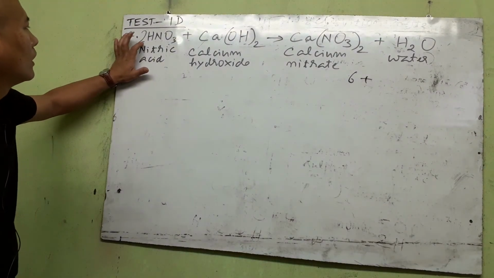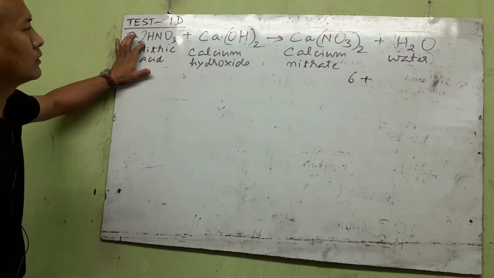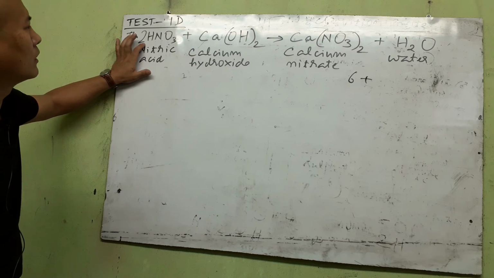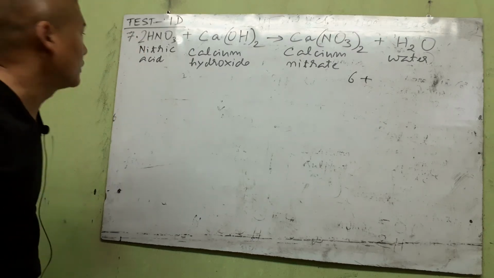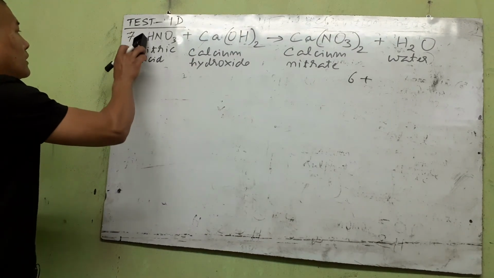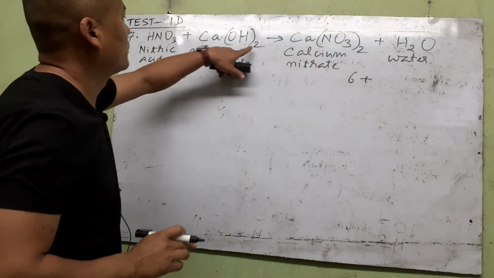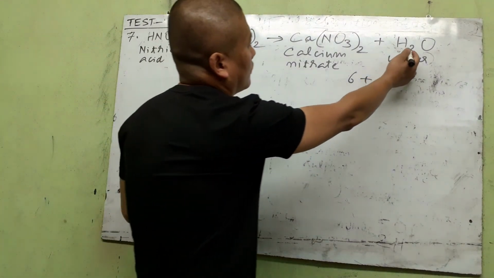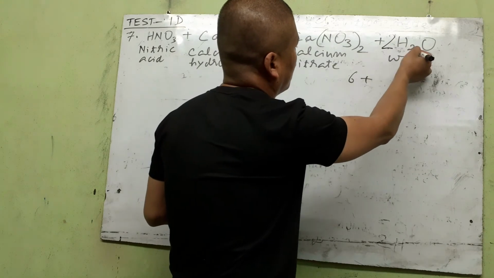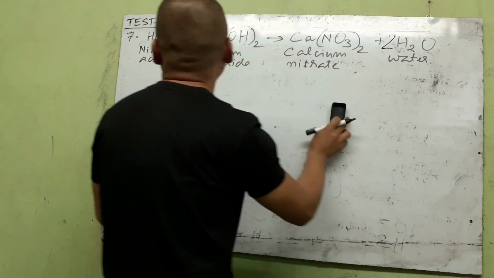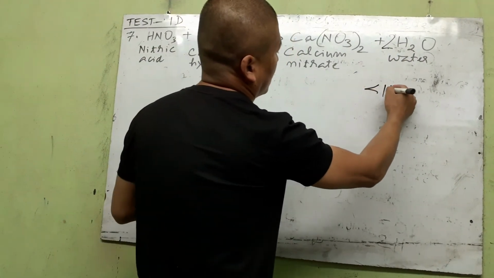Let's start again. H2O here on the right side. Let's start with H. Okay, let me do it like this. Look here. 1H plus 2H, 3. Here is 2 only. So let's make this one first. 2 2s are 4H on the right side. Let's begin again. 4H.